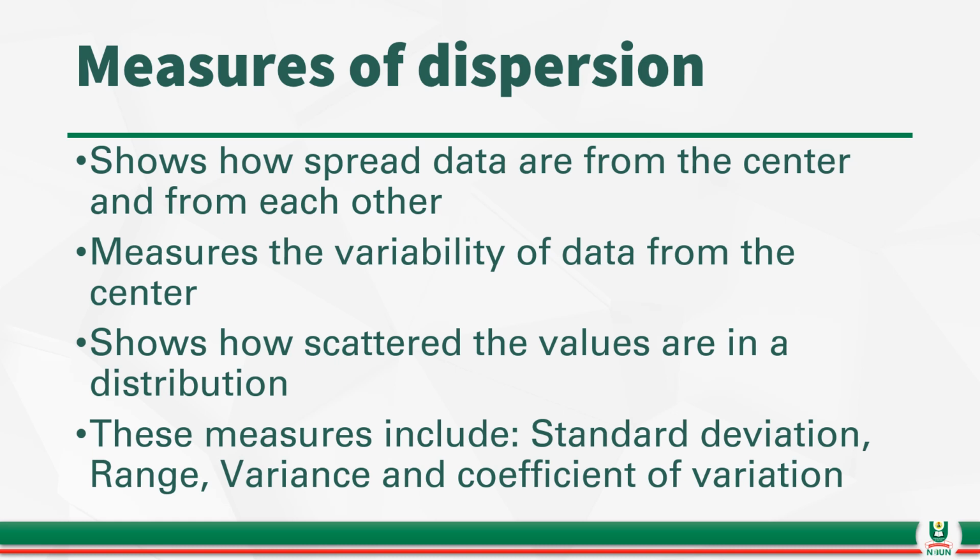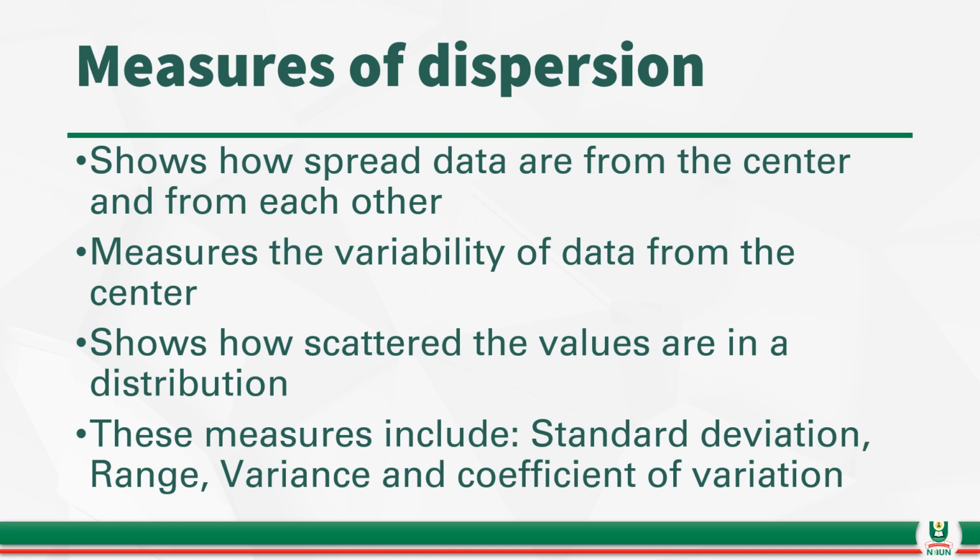So, measures of dispersion. What do we understand by measures of dispersion? It shows how spread data are from the center and from each other. So if you have an array of numbers, how far are these numbers from one another and from the center? How variable are the data from the center?